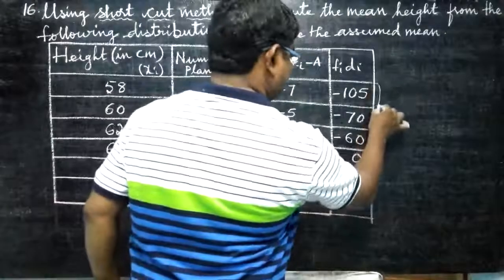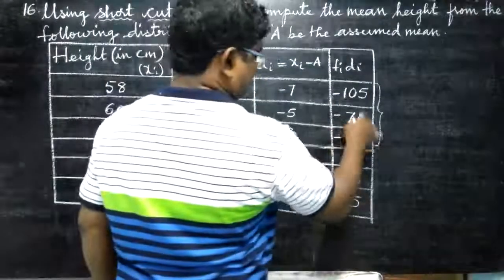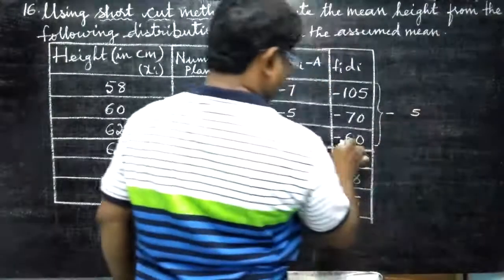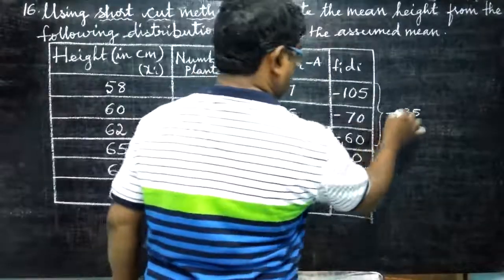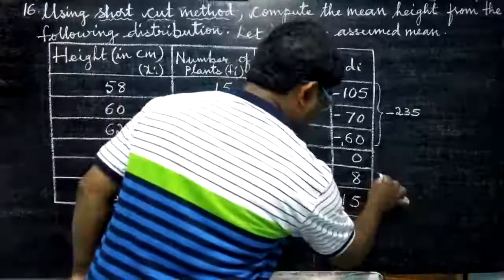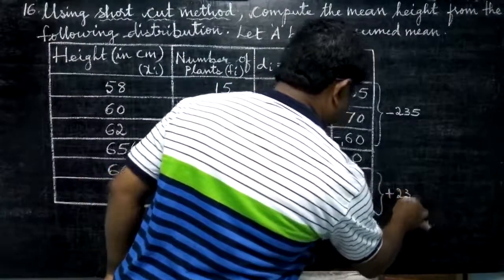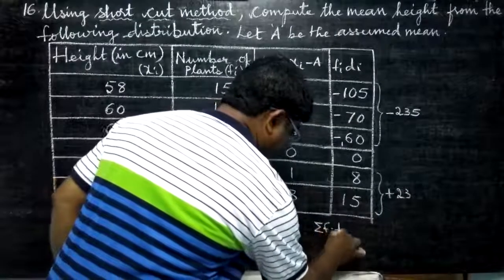First add these three negative numbers. Here 5, 13, 3 and here 1. 1 plus 1, 2. 235. Add these positives. Plus 23. Now simplify and write sigma fi di.